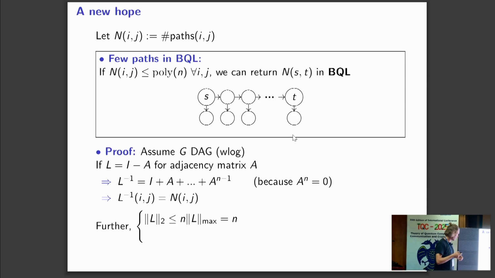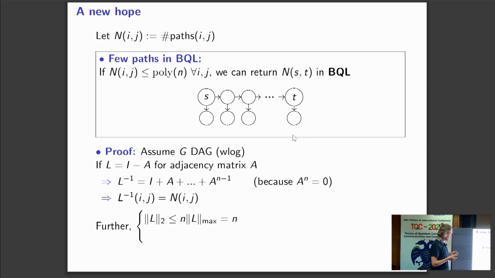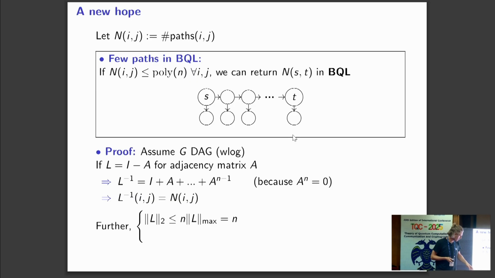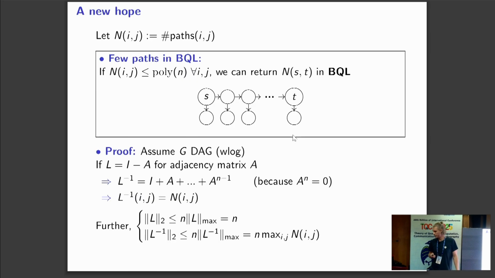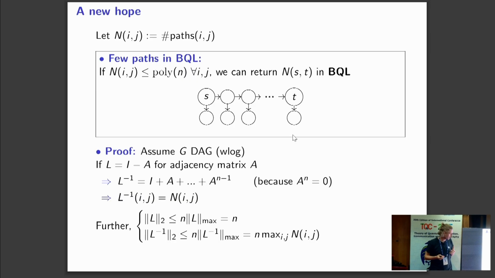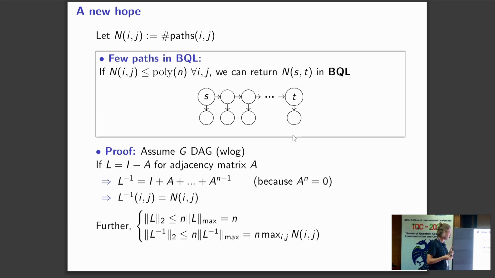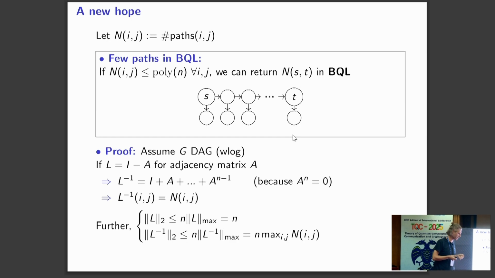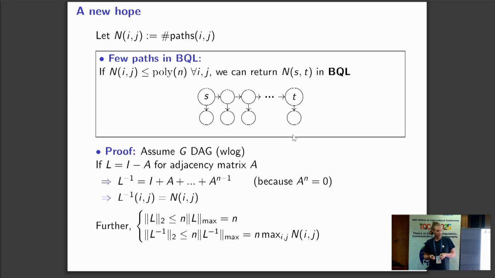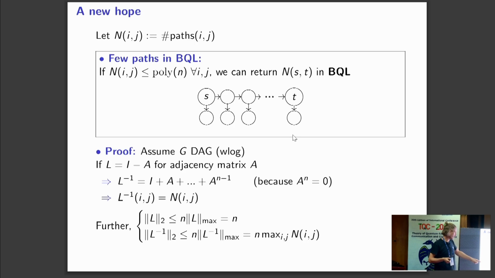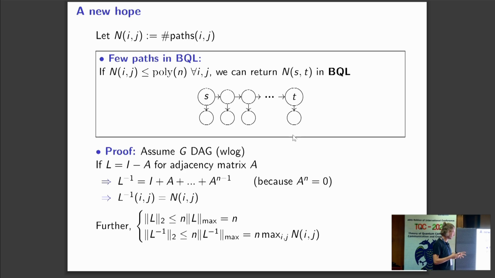Furthermore, the operator norm of L can easily be bounded by n, using this max norm inequality. And what's more interesting is that the operator norm of the inverse of L can be bounded by the max norm of the inverse, which is just characterized by this path count, right? So we're seeing that the algebraic properties here are characterized by these combinatorial path counting arguments.